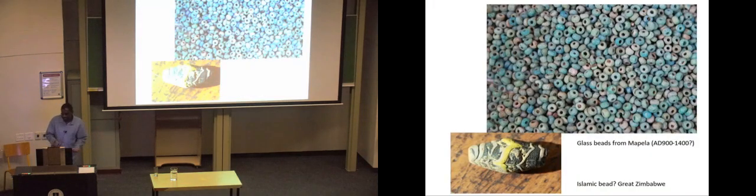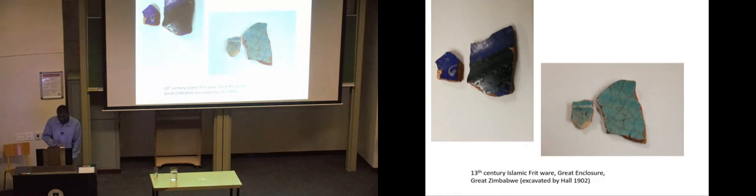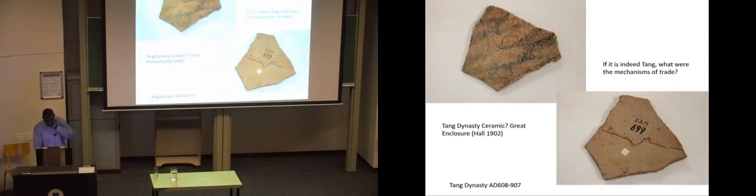So these are some of the imported materials: glass beads from Mapela, as well as a possible Islamic bead from Great Zimbabwe. That's the fruitware that I showed the other day. This is coming from the Islamic world, showing that after AD 1000, there is an intensification of contact with the Indian Ocean world.